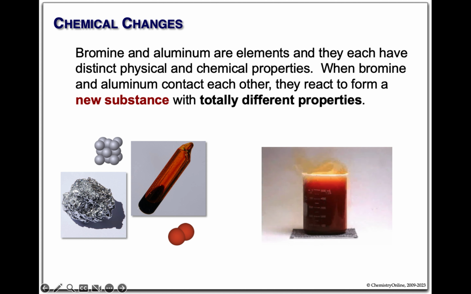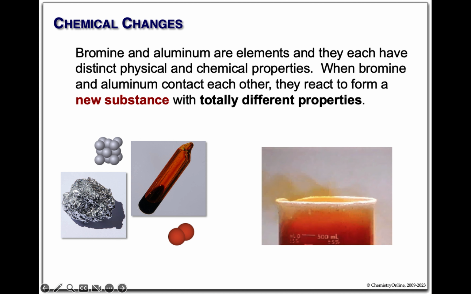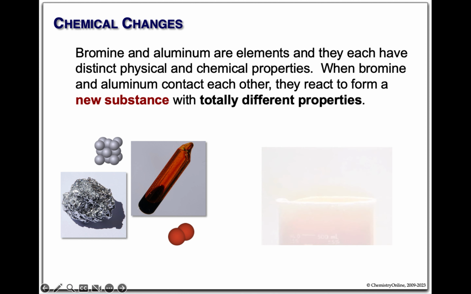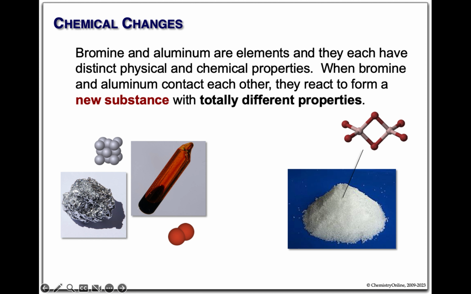But when it's all over, see this crust at the top? That's the new chemical substance that we made. This is aluminum bromide, a white solid. So, a liquid and a solid metal, we wind up with a compound that is a white solid.